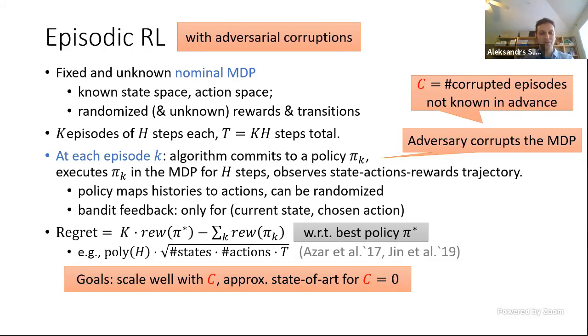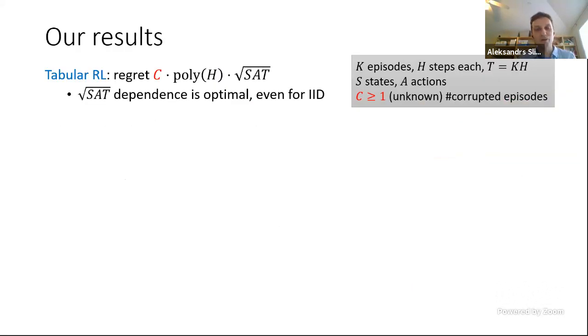And the goal is to scale nicely in terms of C, and approximately match the state of the art for the case without corruptions. Oh yeah, and it's important that C is not known in advance. So what can we do?